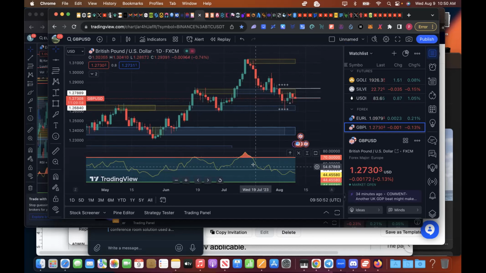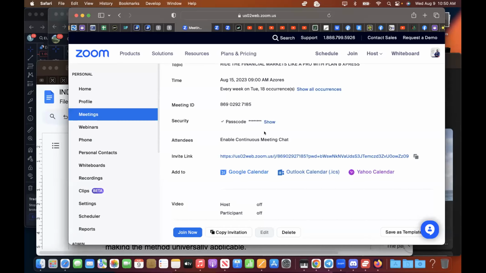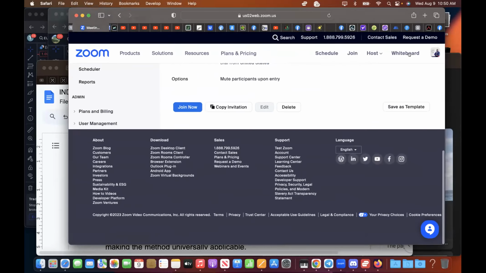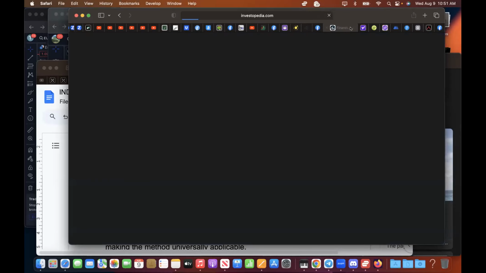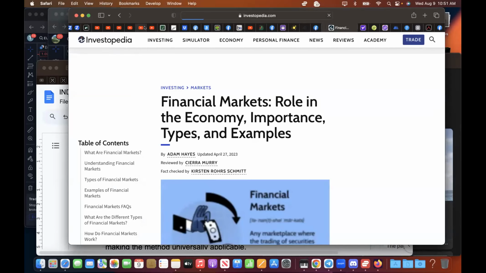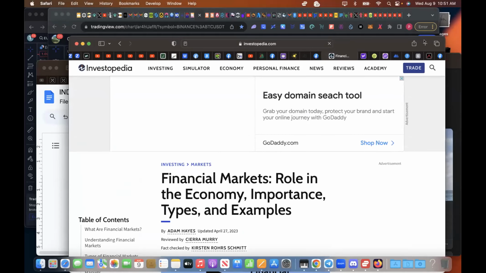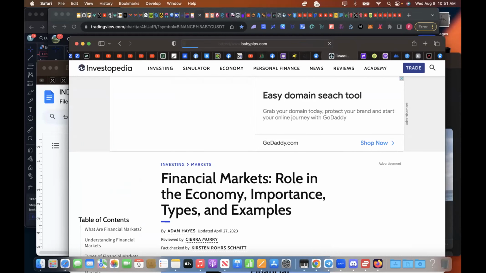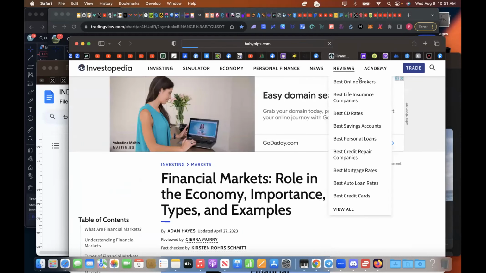All right, now let's quickly check some news to know what's actually happening around them. So let's take Babypips. You can take Babypips, Forex Factory, all the tools you have.